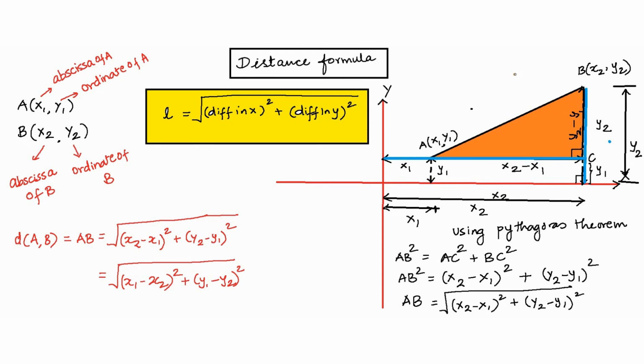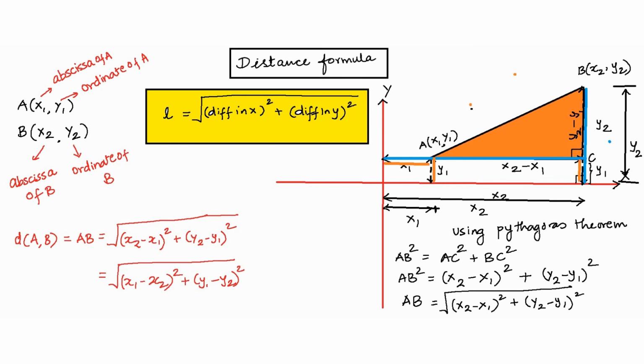And if I take the measurements or the coordinates of point A, then the horizontal measurement is x1 and the vertical measurement is y1, which tells me that the length BC, so I constructed a right angle triangle. So this tells me that the length BC is going to be the difference in the y coordinates because I know that this particular length is y1, right? This particular length is y1 and the complete length.